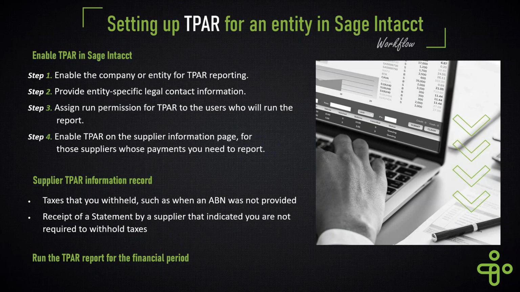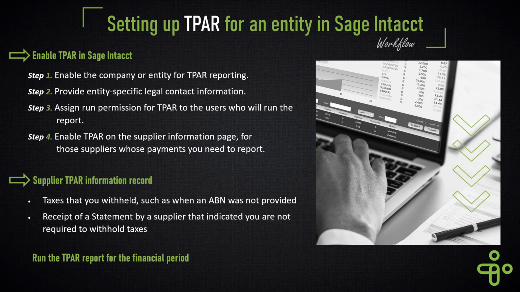Before I show you how to configure TPAR for your entity, I'll highlight the workflow. So firstly, before you can run your first TPAR in Intacct, you'll need to configure Sage Intacct for TPAR reporting. And this includes enabling TPAR for the company or relevant entities, assigning user permissions to run the report, and enabling TPAR for relevant suppliers.